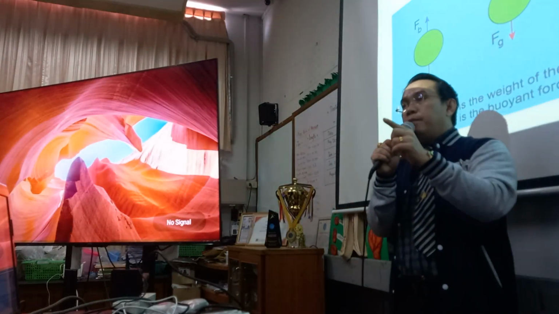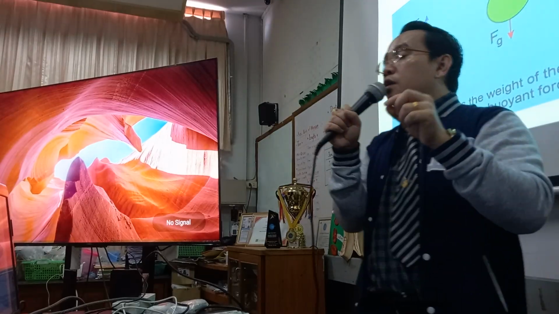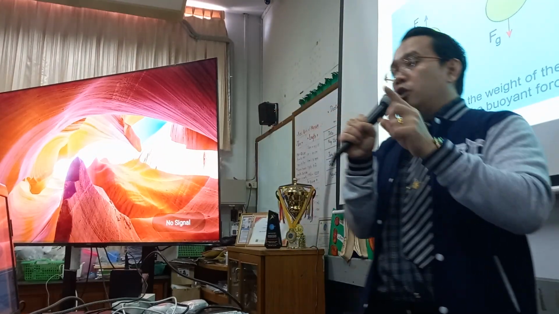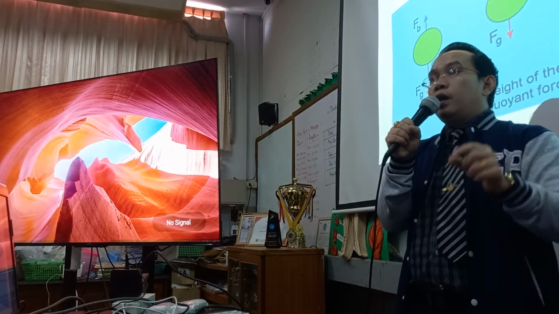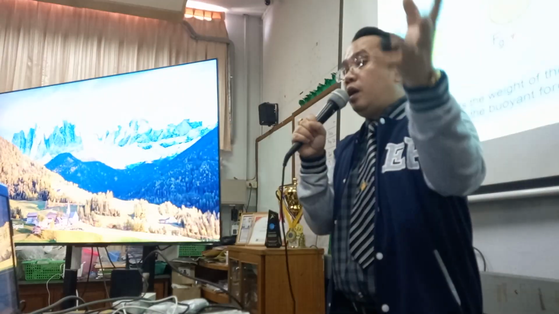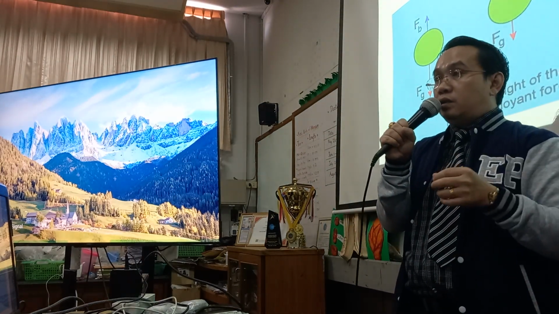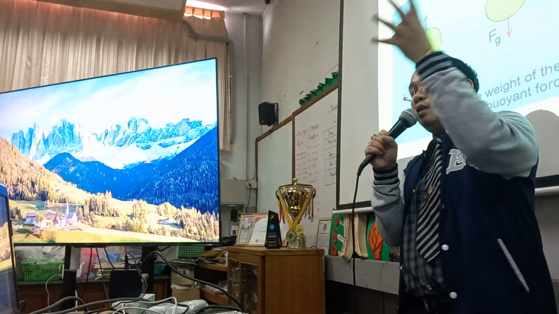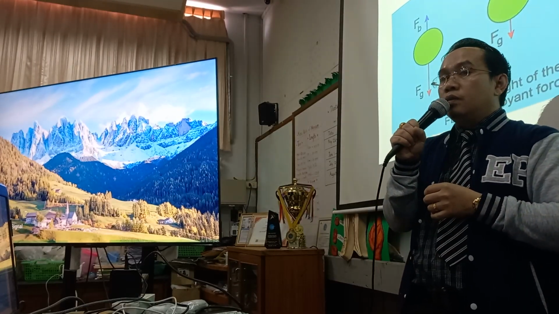This indicates that the object will float due to its positive buoyancy. So again, the buoyant force is greater than the weight of the object.